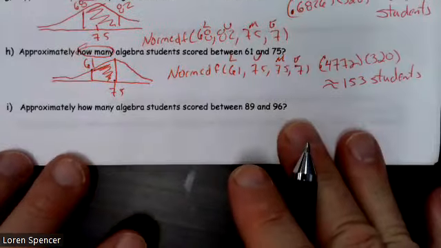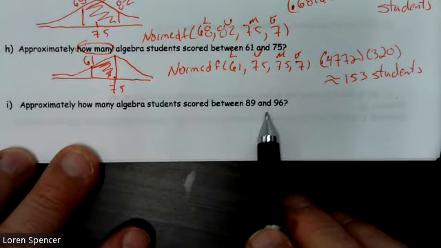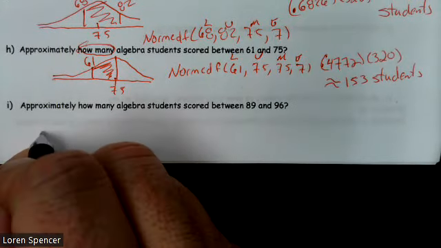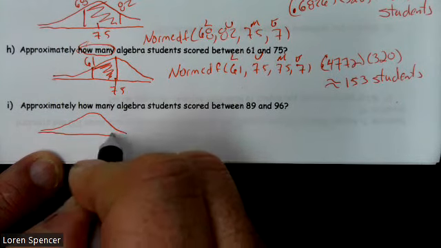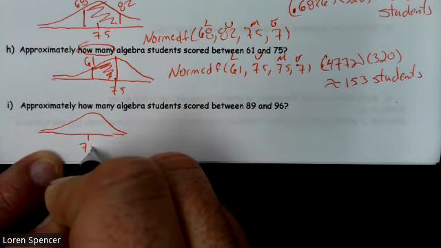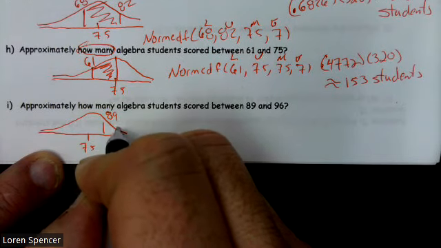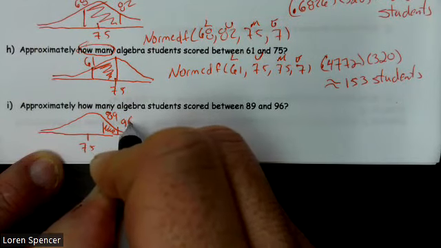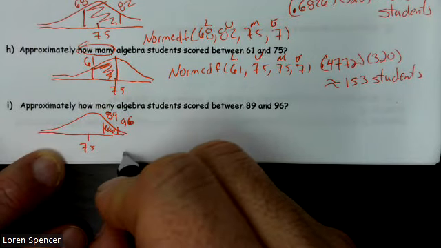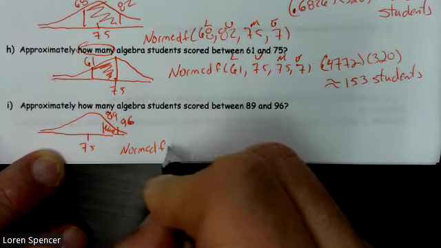And the last one, approximately how many algebra students scored between an 89 and 96? So this is going to be a norm CDF.